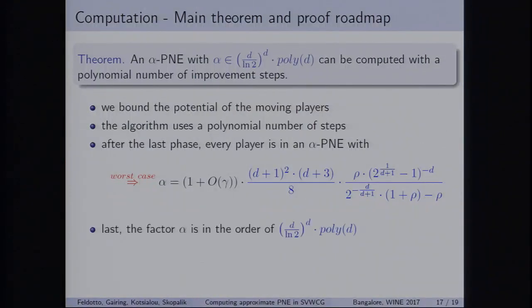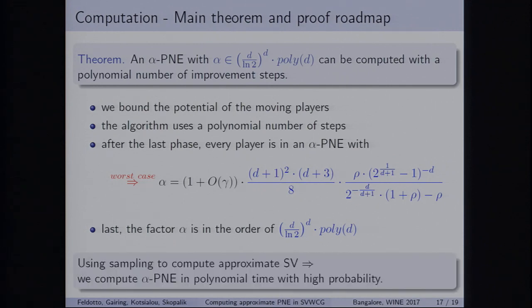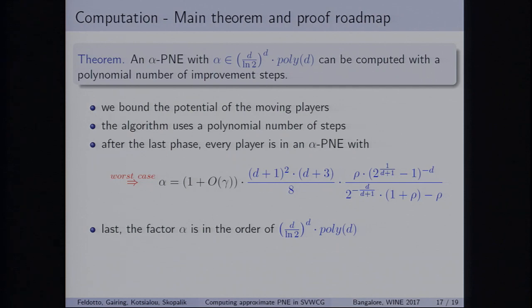Then we prove that this form is actually in the order of d over ln 2 to the d. And we actually show that using this algorithmic approach, you cannot do better than this order. And that was the last part for this theorem.